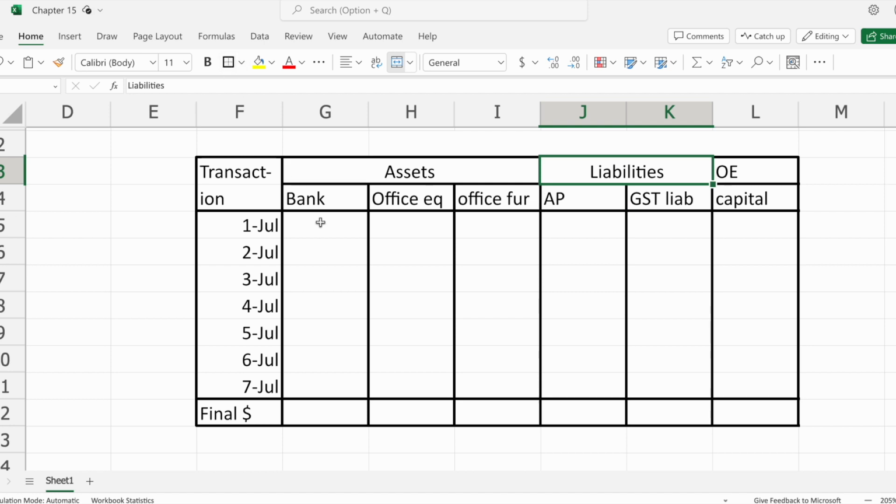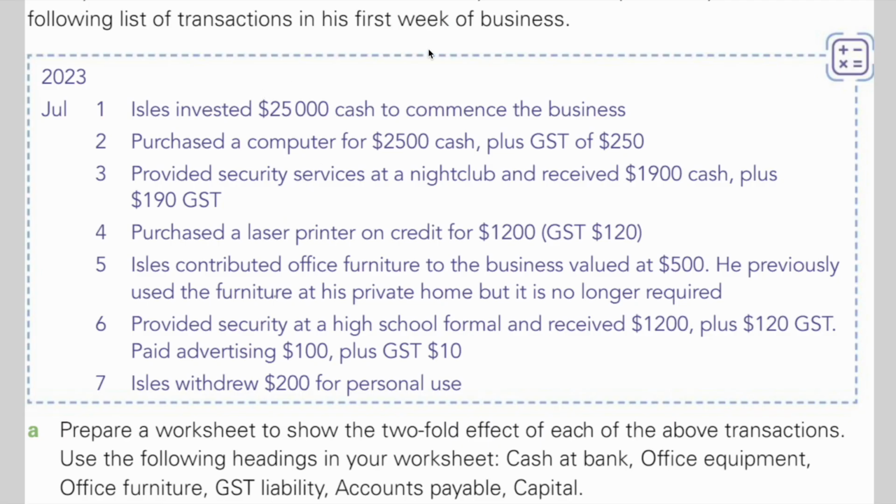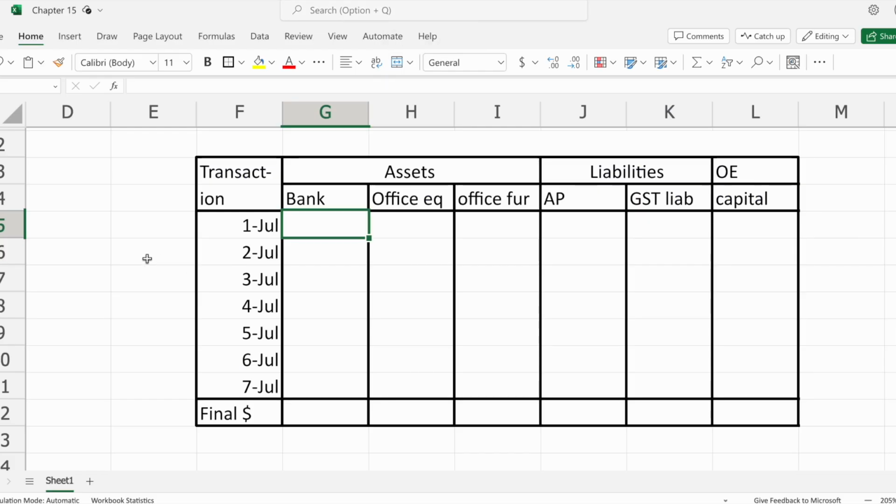So to begin with, the first transaction is on July 1st. Islis invested 25K cash to commence the business. All right, so when the owner invests cash into a business, it's not being owed to someone else, but rather it's money coming directly from the owner, which means it's affecting the bank in a positive way.